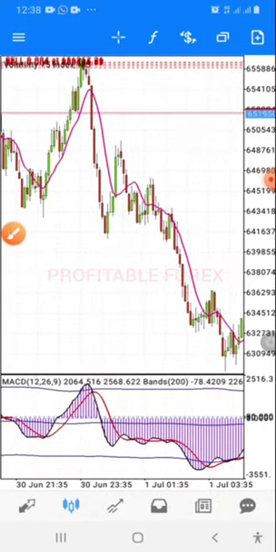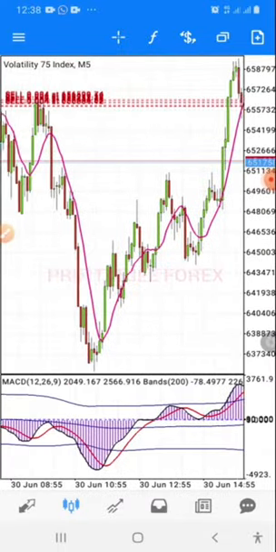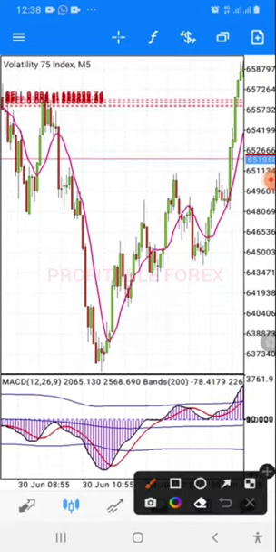Scroll through your charts. Okay, let's look for a buy opportunity. Okay, here we are. We have a buy opportunity here. When it is a buy, make sure the MACD is below the lower band of the Bollinger Band, and the moving average is intercepting the MACD, like is occurring over here.